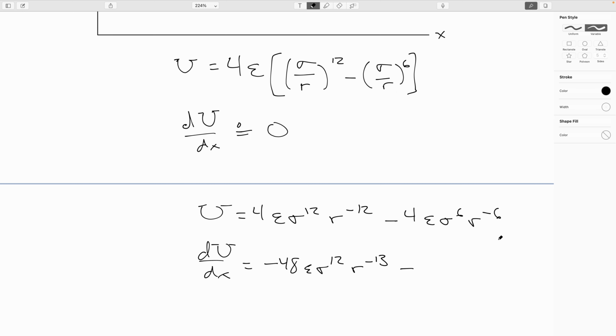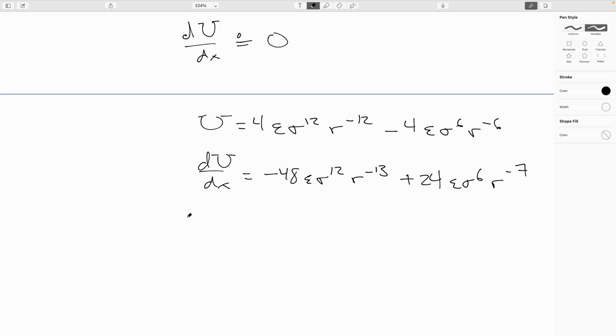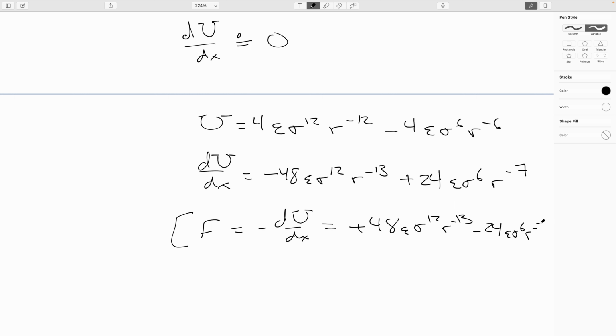And then minus of minus gives us a plus, 6 times 4 is 24, epsilon sigma to the 6 r to the negative 7. And if you want the force that the molecule feels, although we usually don't care, since it's minus dU/dx, it would be plus 48 epsilon sigma to the 12 r to the negative 13 minus 24 epsilon sigma to the 6 r to the negative 7.